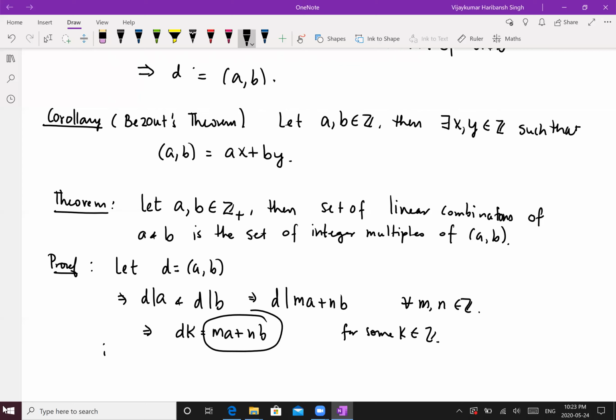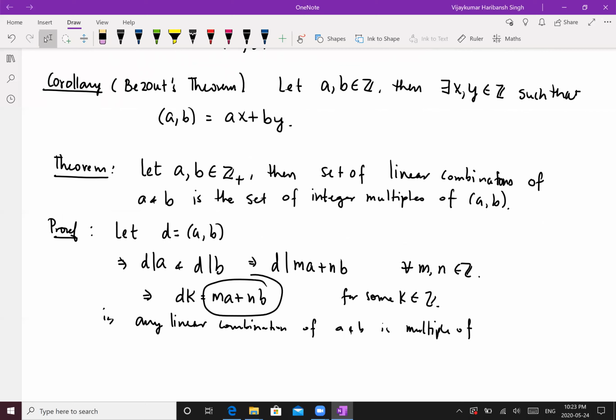That is, any linear combination of A and B is a multiple of D. Now we have to show the converse.